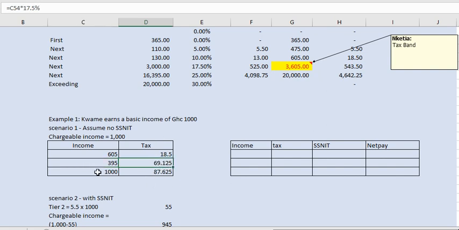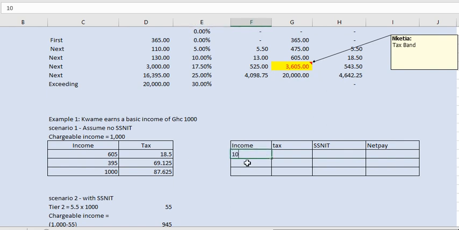So in effect, with Kwame earning 1,000, the income tax he is to pay is 87.625 cedis.